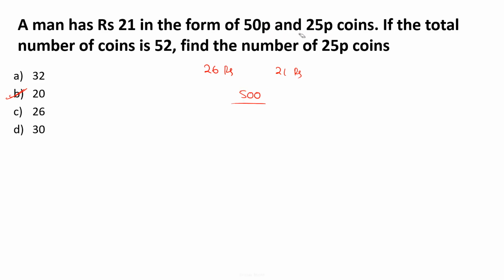We assumed all the coins are of the same kind of 50 paisa, but there are some 25 paisa coins also. Then that difference should have come from the difference between 50 paisa and 25 paisa. The difference between 50 paisa and 25 paisa is nothing but 25 paisa. When we divide that 500 paisa by 25, it gives us 20. That 20 is the number of 25 paisa coins. That is the required answer.